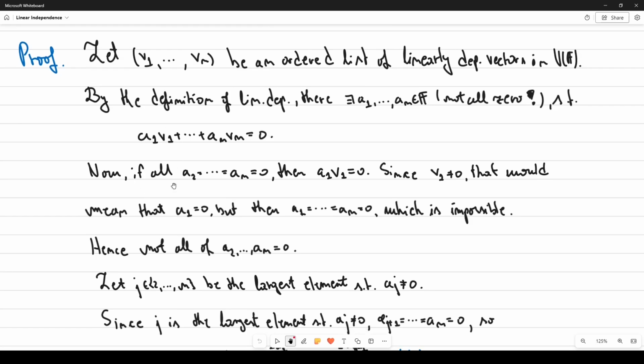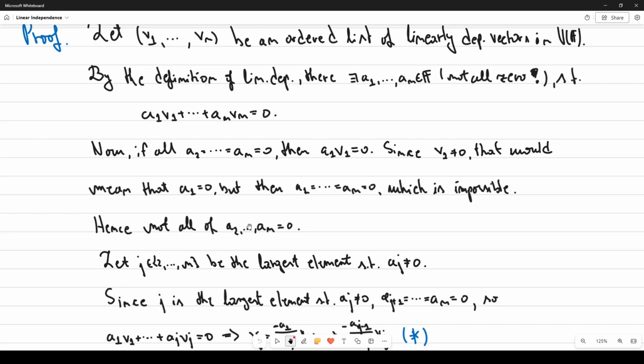Now, if all scalars a2 all the way to an were 0, then we plug in a2 all the way to an over here, they're all 0, then we're left with a1 times v1 is equal to 0. Since v1 is different from 0, that would mean that a1 would have to be equal to 0, but then all the scalars would be equal to 0, which is impossible, since by the definition of linear dependence, at least one of these scalars is different from 0.